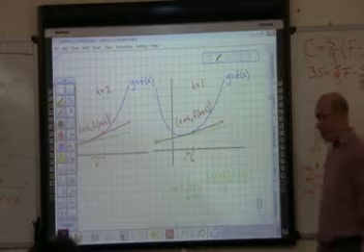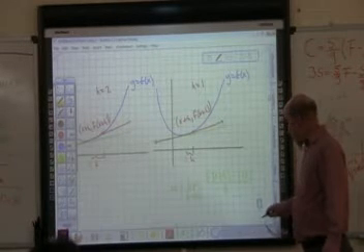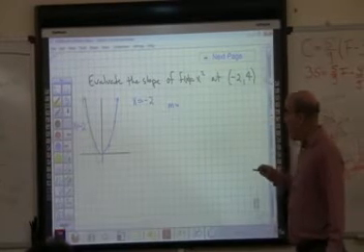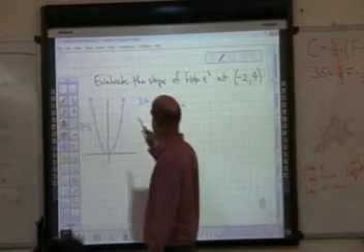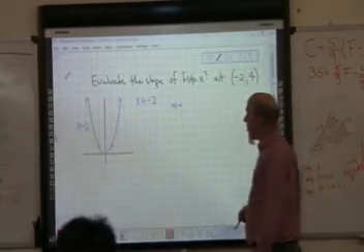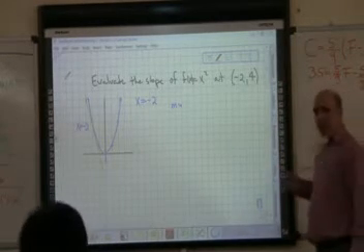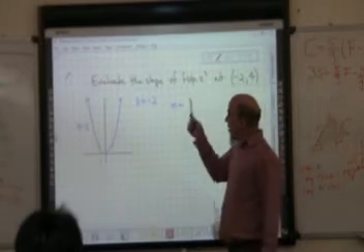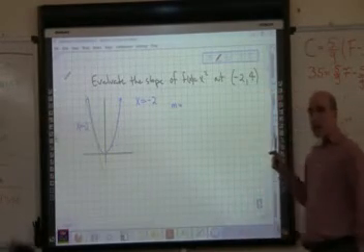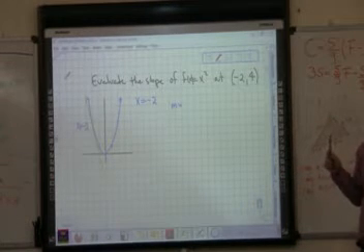Okay? Now, let's see how we might be able to use this in a concrete example. So you see, in this problem, I could have worded this in a lot of different ways, but I said, evaluate the slope of f of x equals x squared at the point -2, 4.